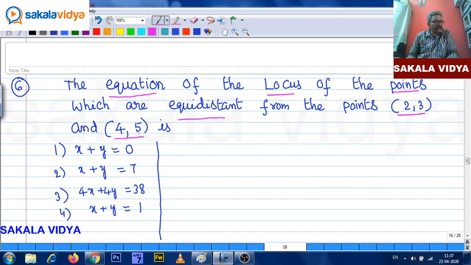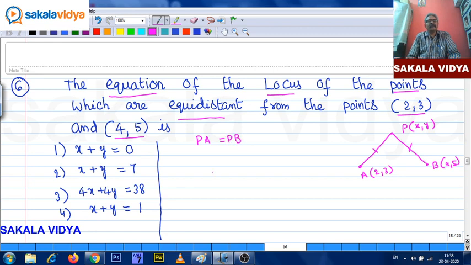That means here, the point P(x, y) is equidistant from the two fixed points A(2, 3) and B(4, 5). So these two distances are the same, that means PA is equal to PB.